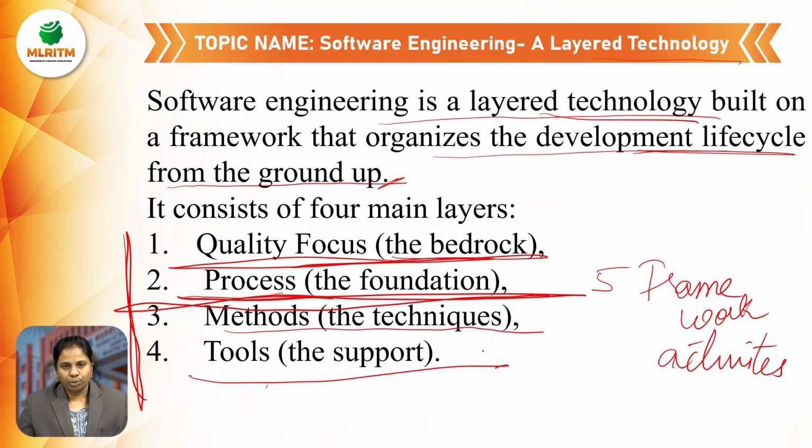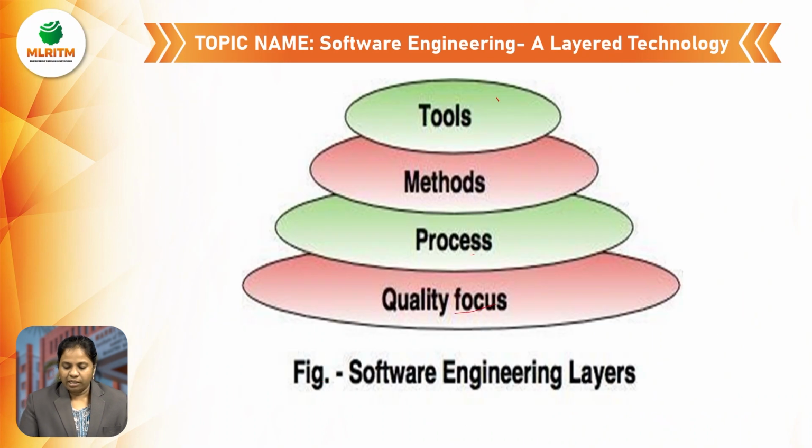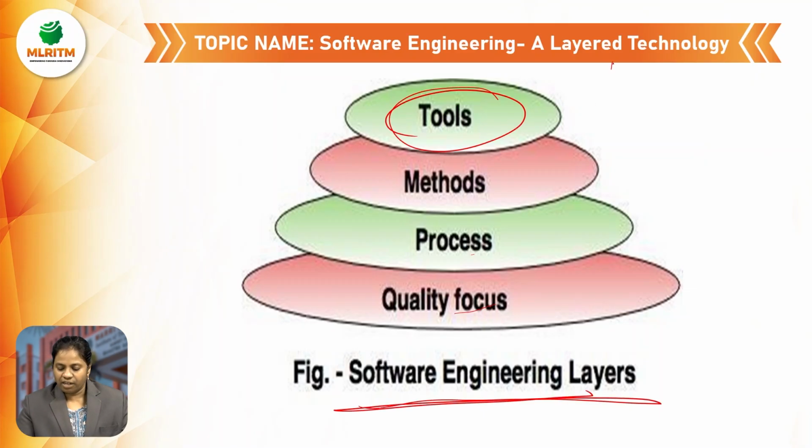Last one, tools, which are the support, which lies in the upper layer. These tools can be automated tools or semi-automated tools. Altogether, software engineering has four layers, which we have seen in detail: quality focus, process, methods, and tools.